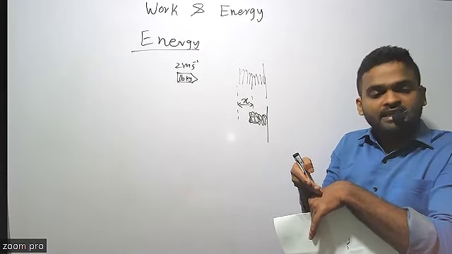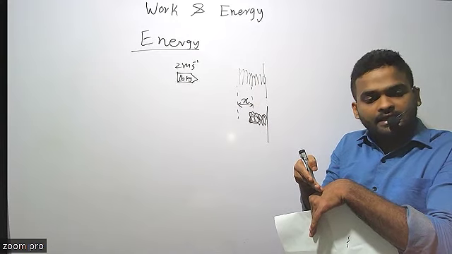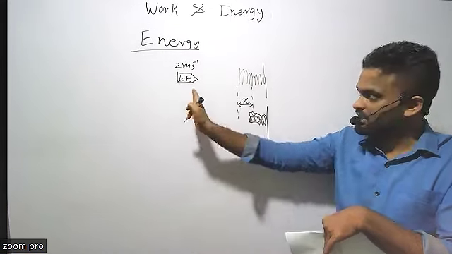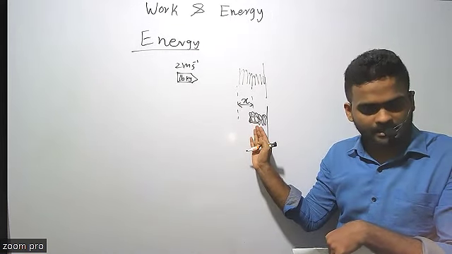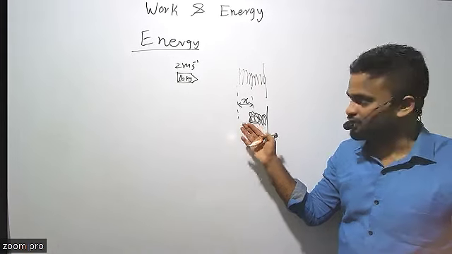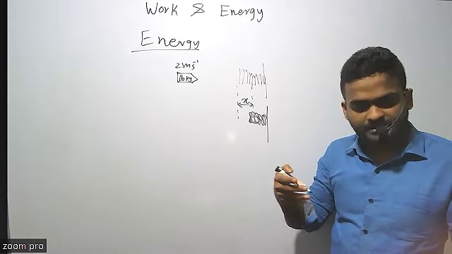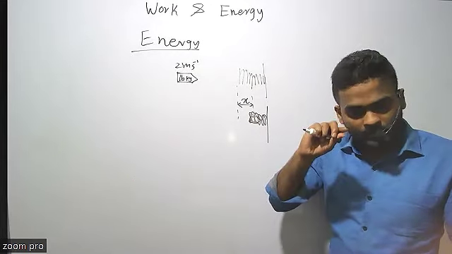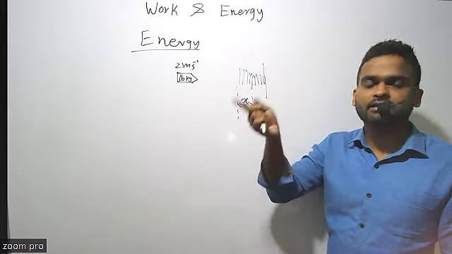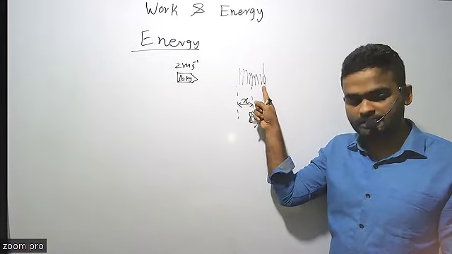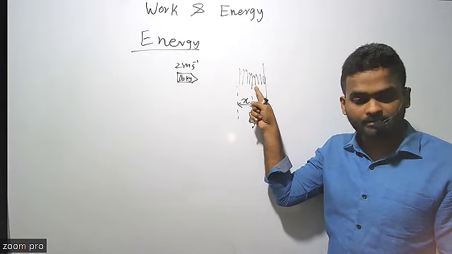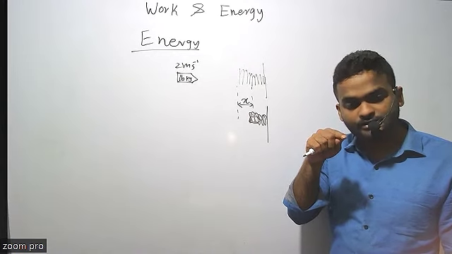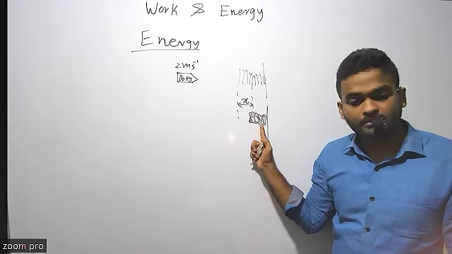Meaning that kinetic energy is totally converted into something else. That total kinetic energy is converted to compress this spring. So when a spring compresses, that total kinetic energy is stored as potential energy of the spring.